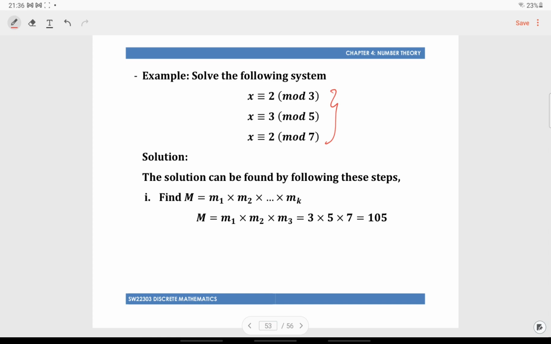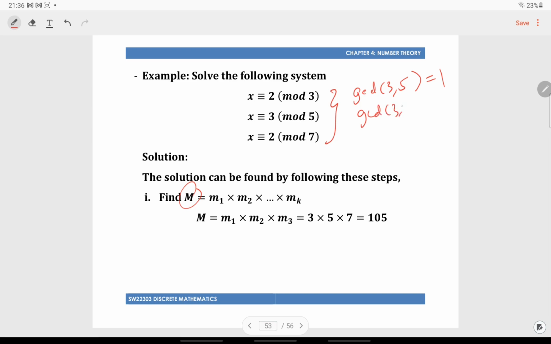First of all, we compute the capital M. The capital M is we multiply all the modulus values. But remember, first of all, we need to make sure that all these congruences are pairwise relatively prime before we proceed. So we need to check first. We need to check GCD of 3 and 5. Yes, it is equal to 1.